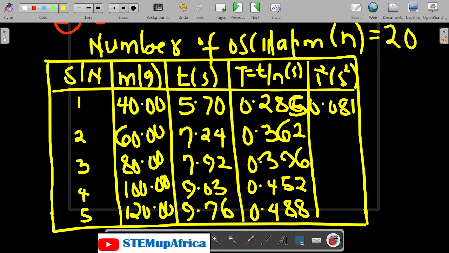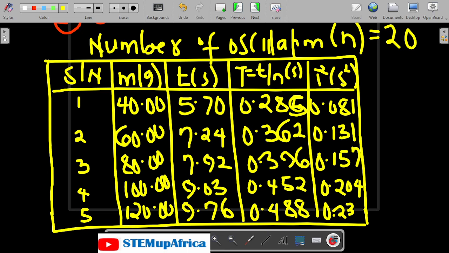The next one will give us 0.131. The next, 0.157. The next, 0.204, and the next is 0.238.